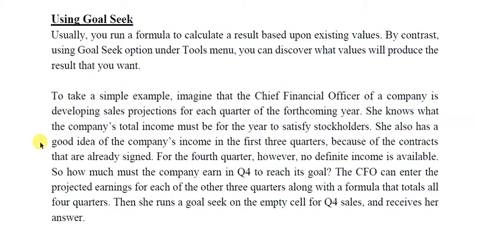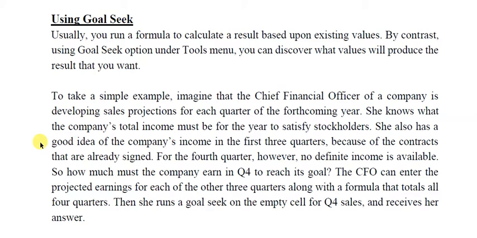So for the 4th quarter, however, no definite income is available. So how much must the company earn in quarter 4 to reach the goal? So the CFO can enter the projected earnings for each of the other 3 quarters along with a formula that totals all 4 quarters. Then she will apply goal seek on that 4th cell that is empty, and she will get the answer.